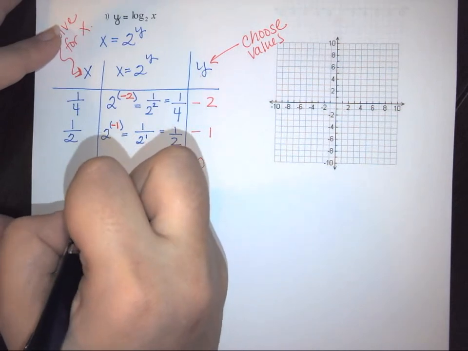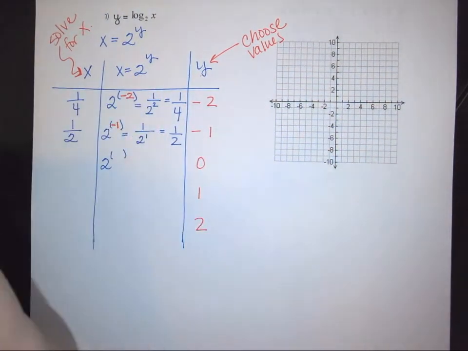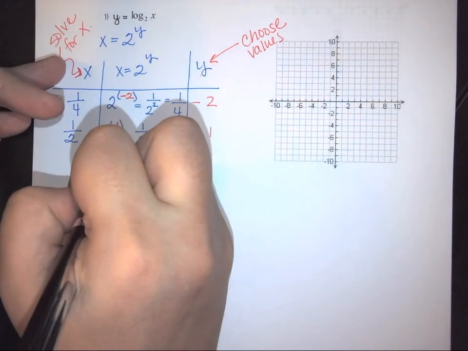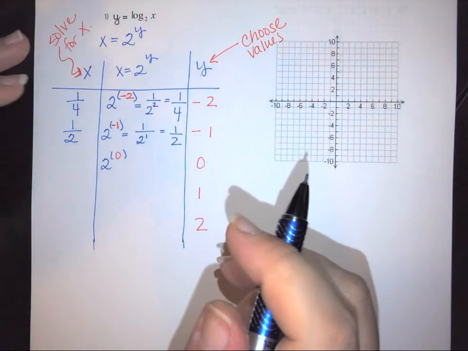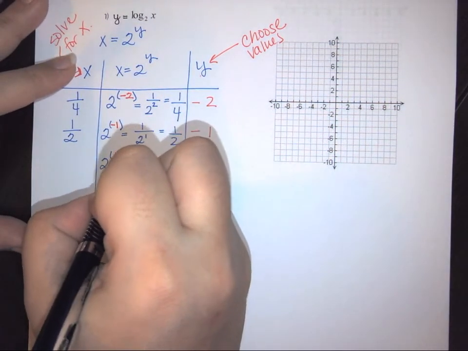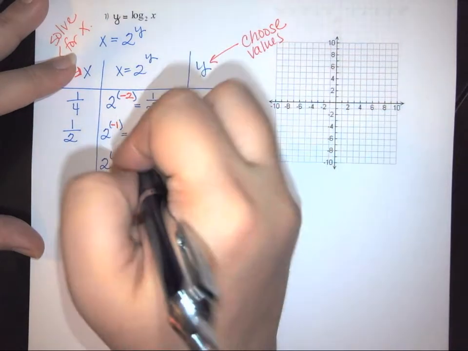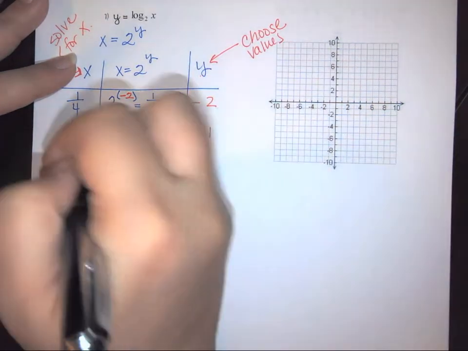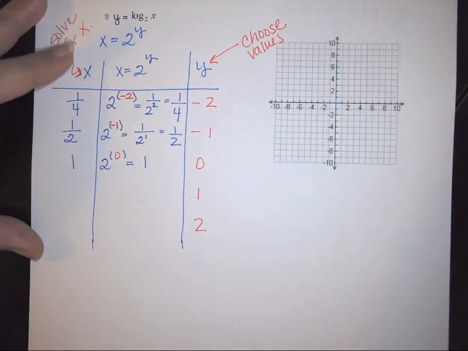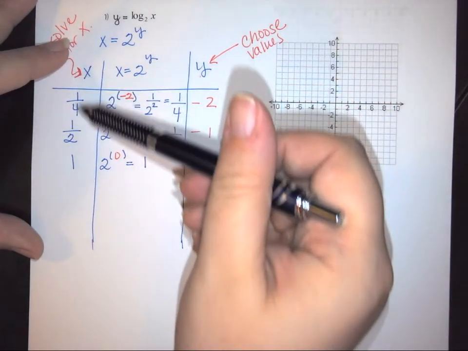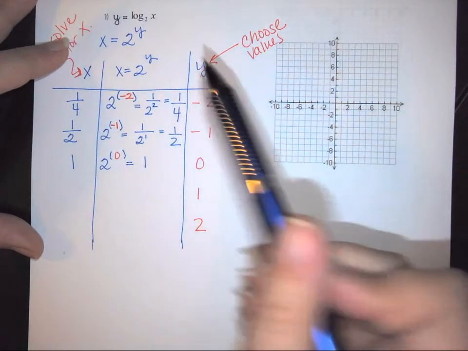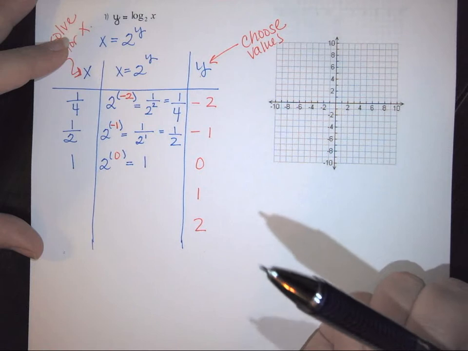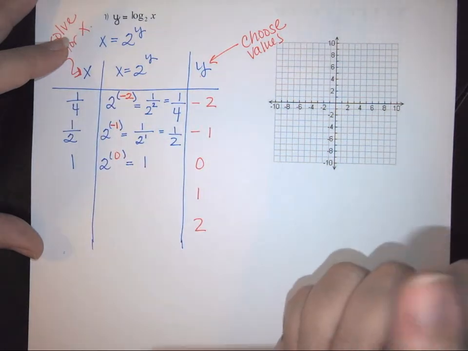Next I have 2 to some power, where that power here is 0. And we know our rule, anything raised to the 0 gives you 1 as a result. So this is a 1. So what you should notice is that we are filling in my x column. However, my coordinate point is still going to go x comma y.